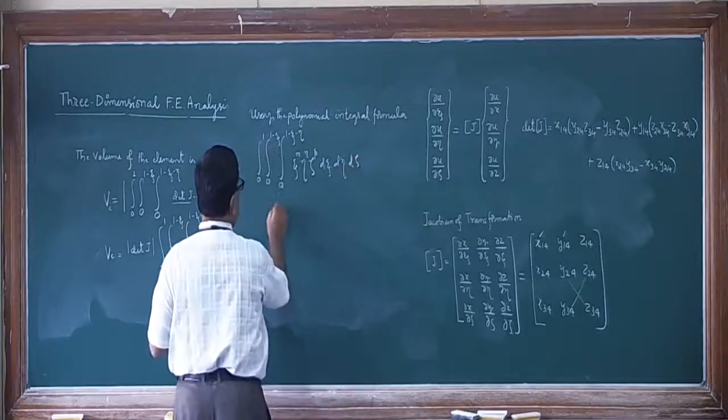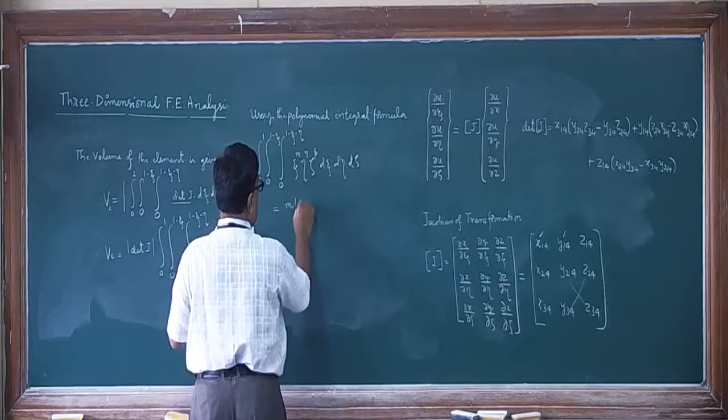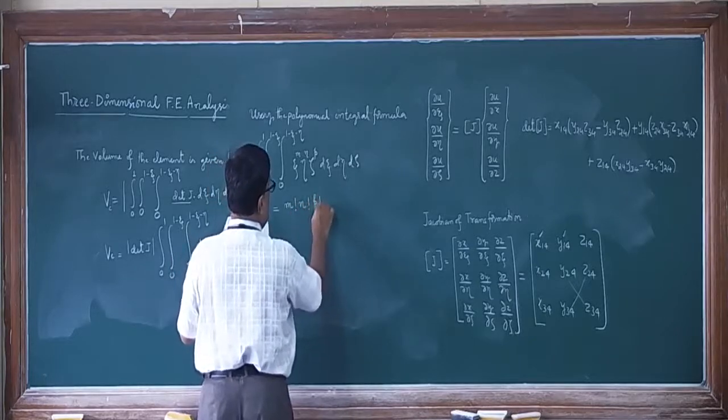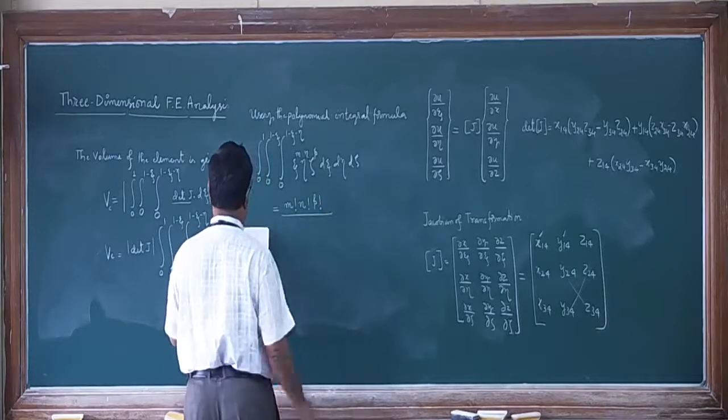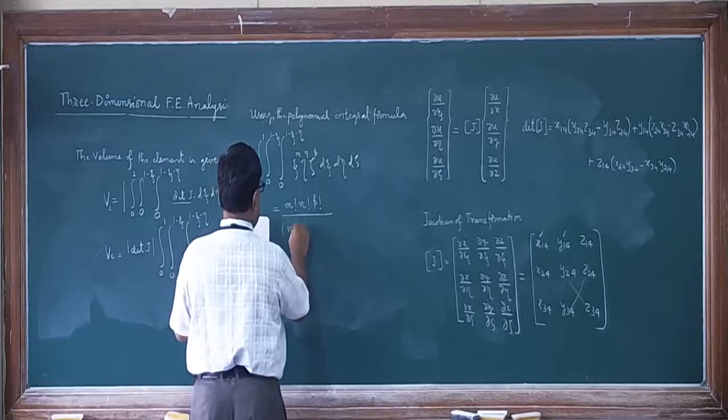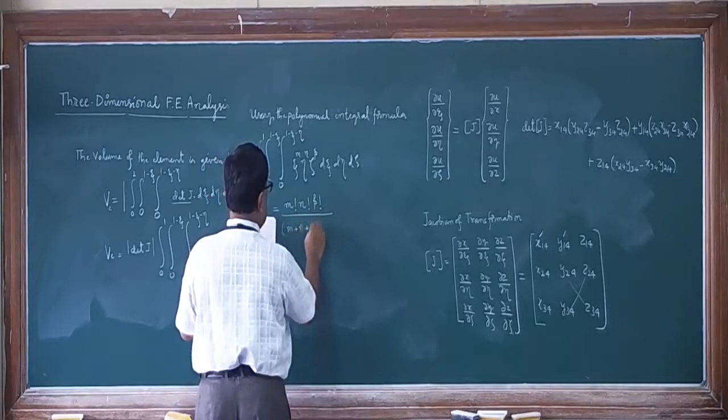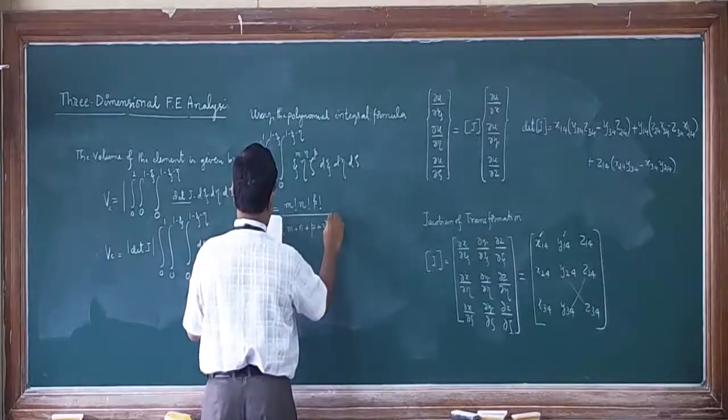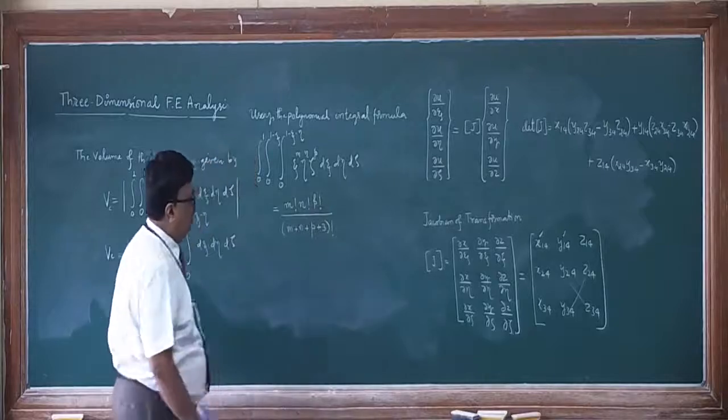This is given by factorial of m, n and p, divided by the factorial of m plus n plus p plus 3, for each degree of freedom.